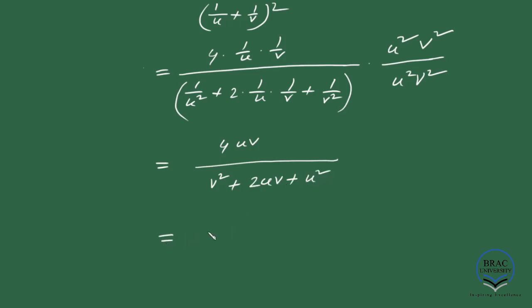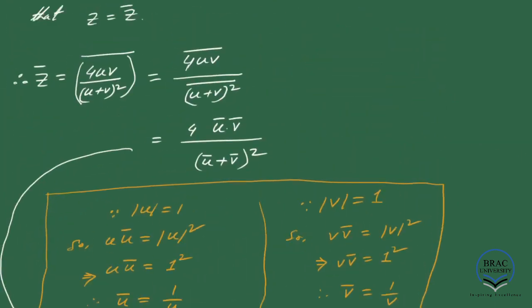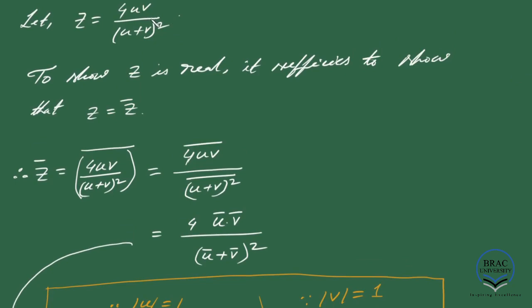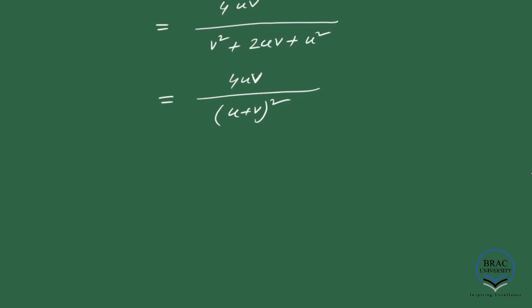Okay, so from here what I can write is 4uv over u plus v whole squared. But hey, isn't this the term we started off with? And this is the term which we assumed to be z. If you recall, z was 4uv divided by u plus v whole squared, and this is exactly the term we ended up with. So this is z.